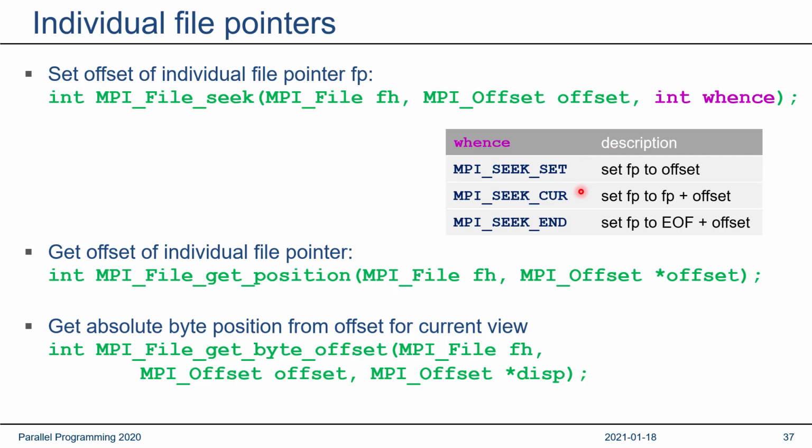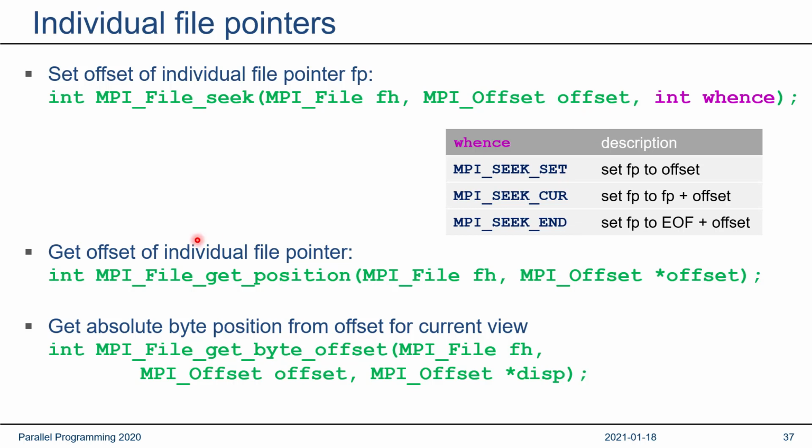MPI_SEEK_CUR interprets the offset as a displacement relative to the current position of the file pointer. And MPI_SEEK_END interprets the offset as relative to the end of file. So, for example, if you want to read the last 1,000 elements at the end of the file, you would specify MPI_SEEK_END and an offset of minus 1,000.